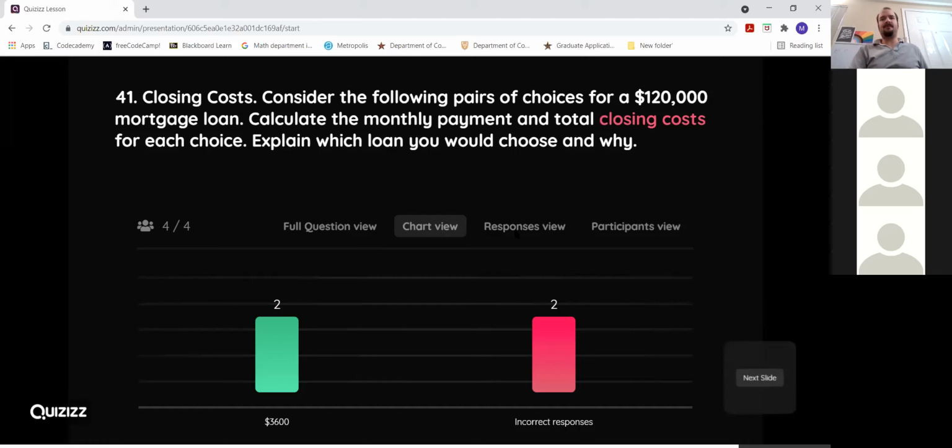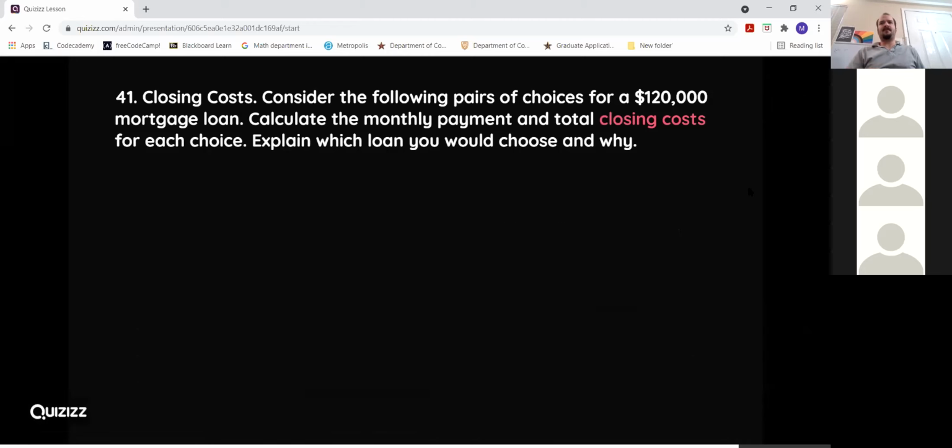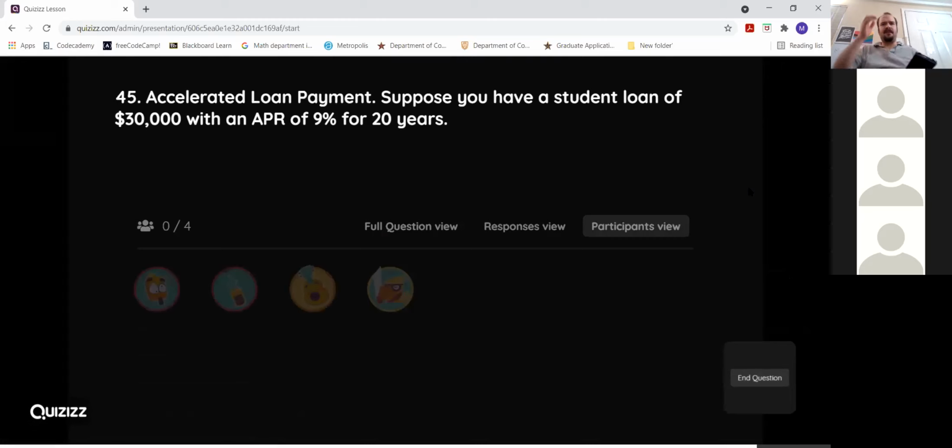Yeah, it should be 1,200 plus. Yeah, it's 3,600. What are y'all doing? 2% of 120,000 is what? The 2,400, and then we add 1,200. Should be 3,600.